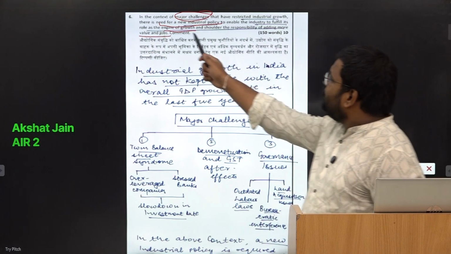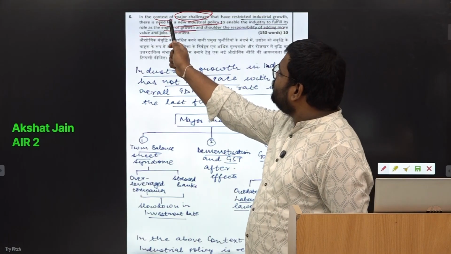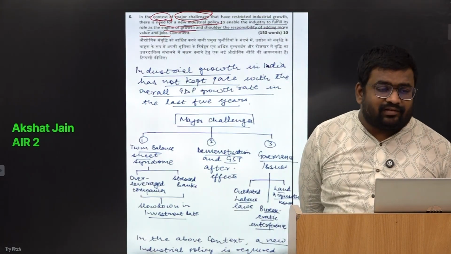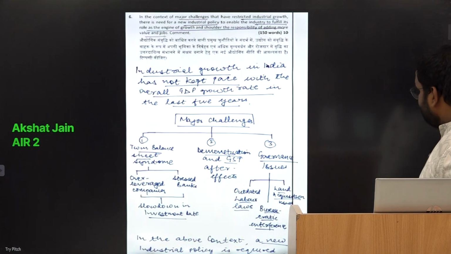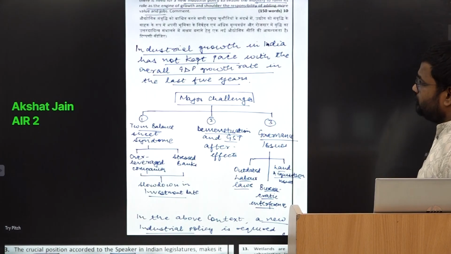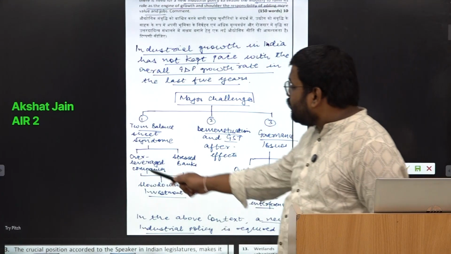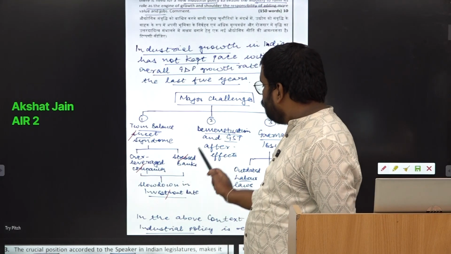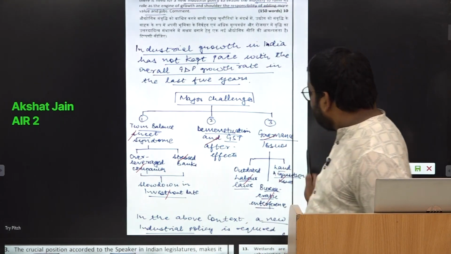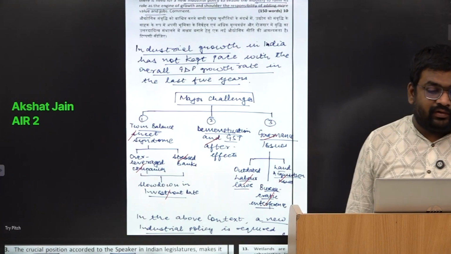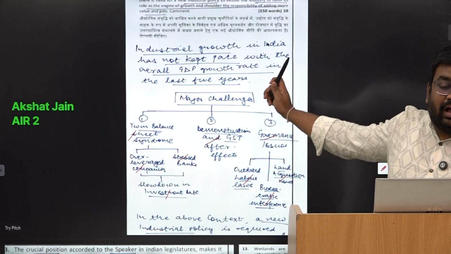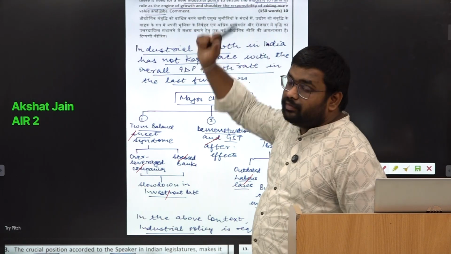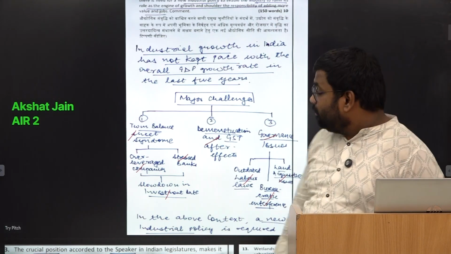So here, in the context of major challenges, they are asking for the context. After the introduction, he has simply used a flowchart where in one single page he was able to cover 1, 2, 3, 4, 5, 6, 7, 8 and 9 points. This is how you address the hidden demand or the implicit demand.